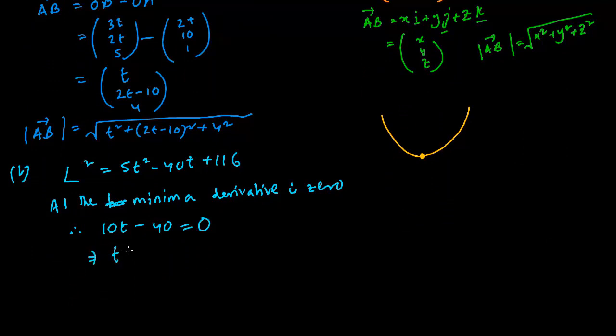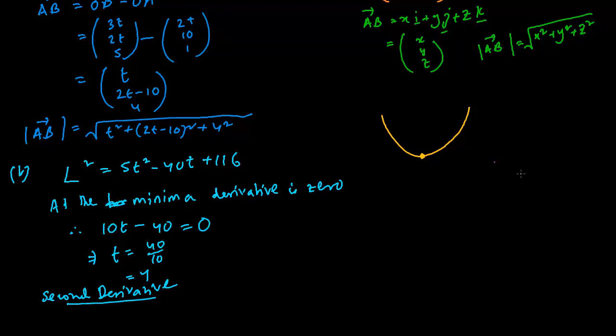So the value of t turns out to be 40 divided by 10, which equals 4. Now, how do you know this is the minima? Although they did not mention that you have to check, it's a good idea to show how you find that. That's the second derivative. So you write the second derivative. The first derivative is 10t minus 40.